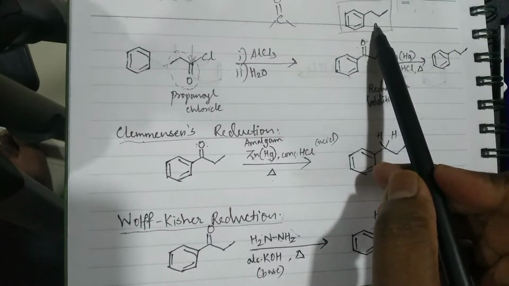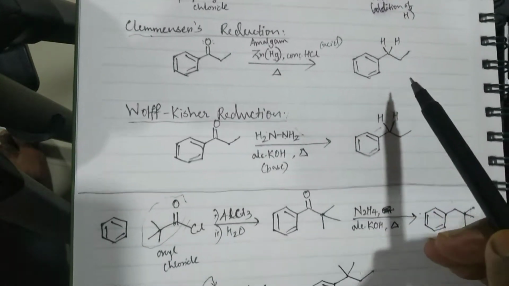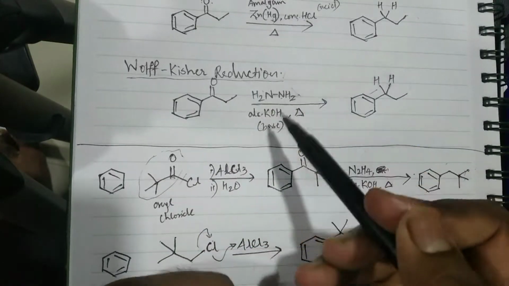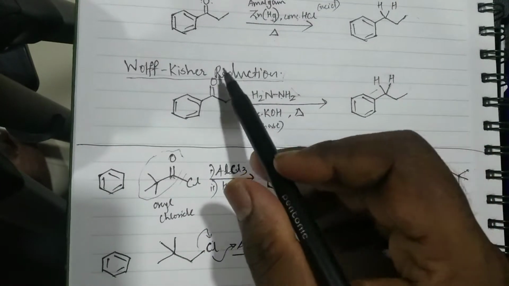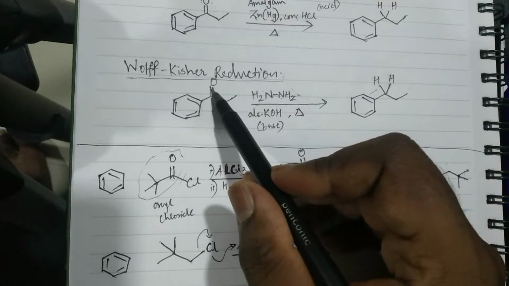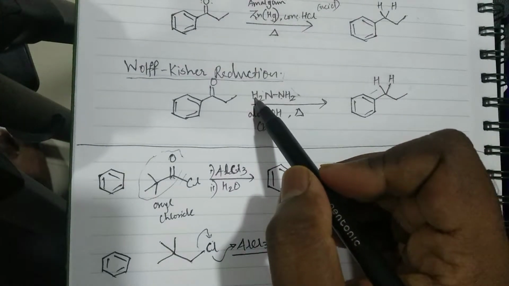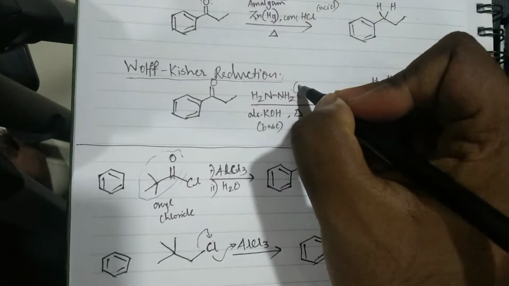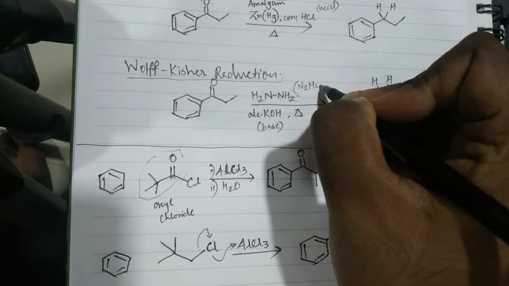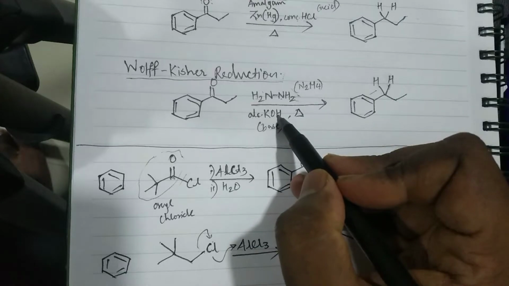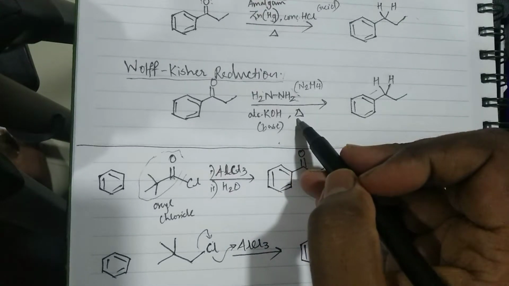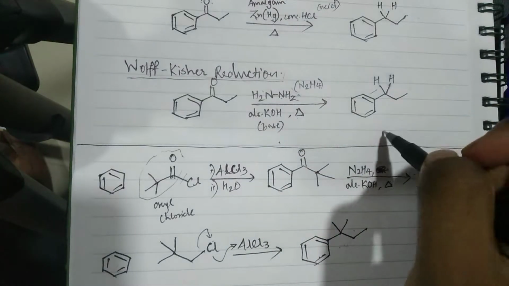Another way to prepare this compound is Wolff-Kishner reduction. Again, same story, I'm removing oxygen and putting 2 hydrogens. So I use hydrazine, N2H4. Hydrazine in alcoholic KOH at high temperatures will give you this product.